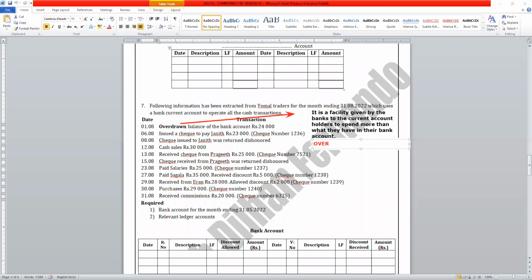Overdrawn balance is a liability to the business.